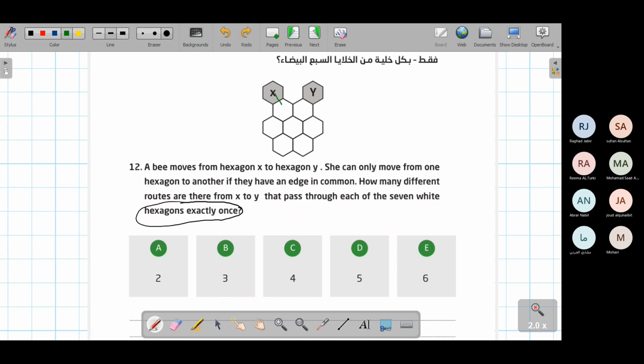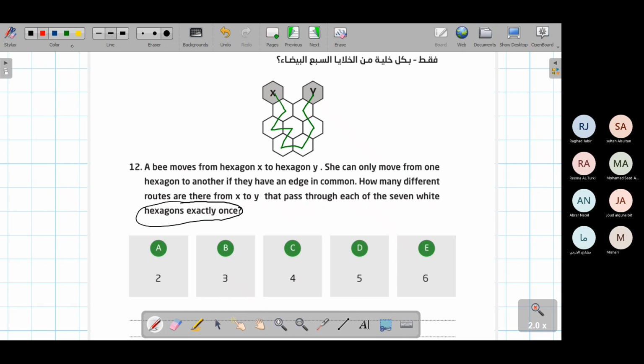So I cannot count this route. For example, first, second, third, fourth, number 5, number 6, number 7, and here we go to 1. So I count this route as the first route. Then for the second, I cannot have the same route because it will be the same. I will not count it as another route.